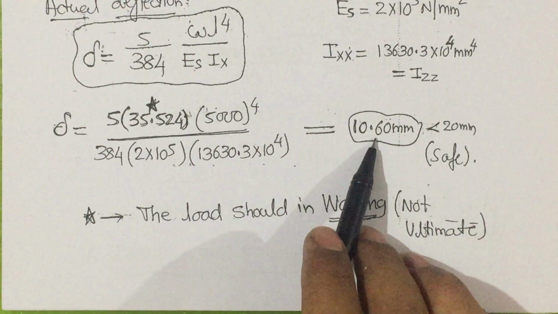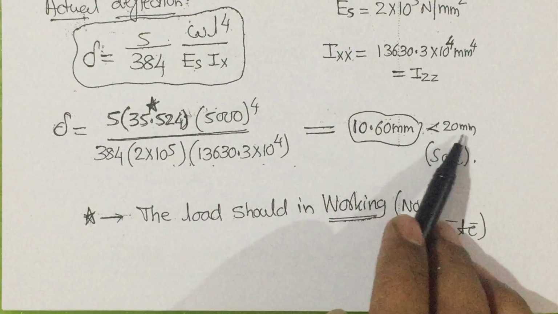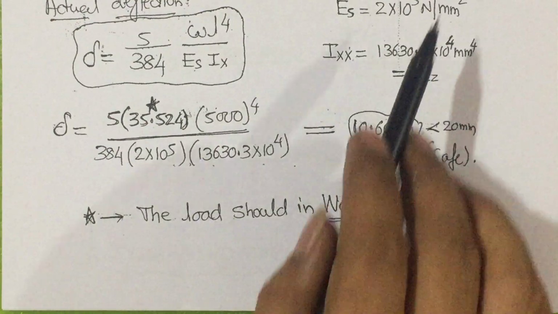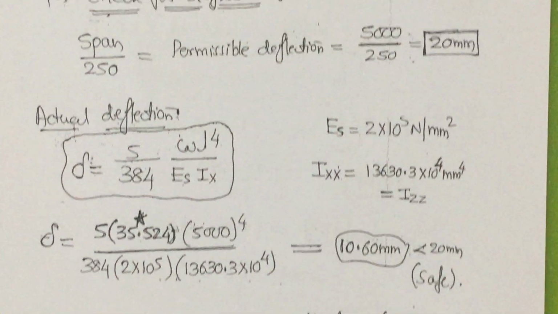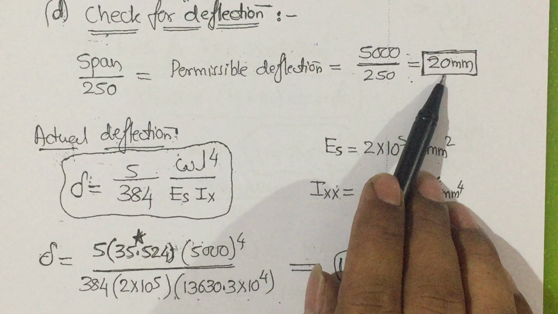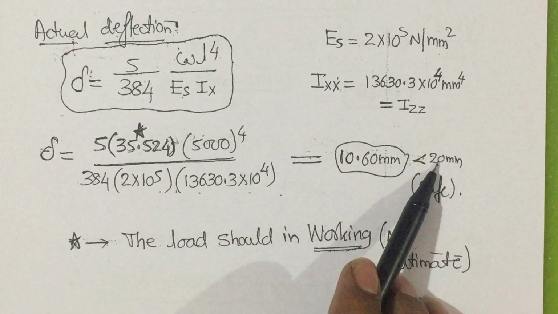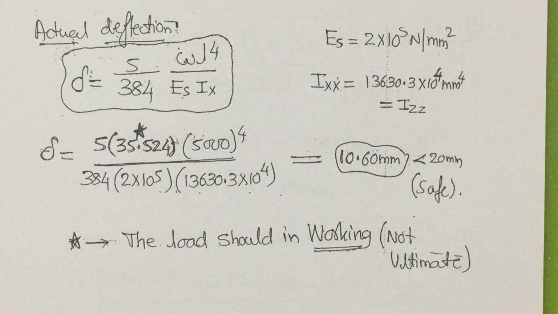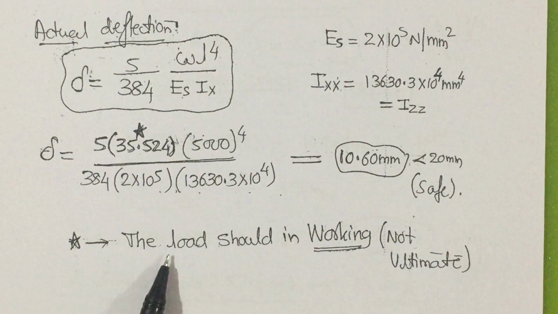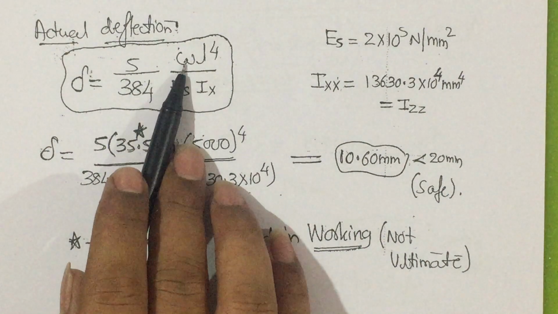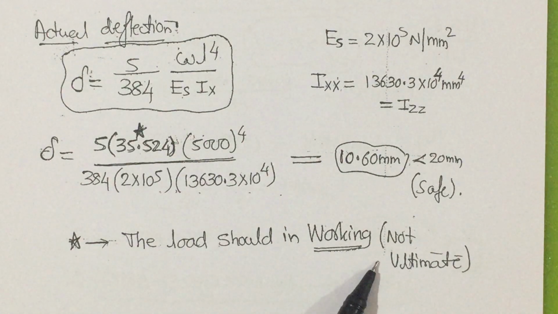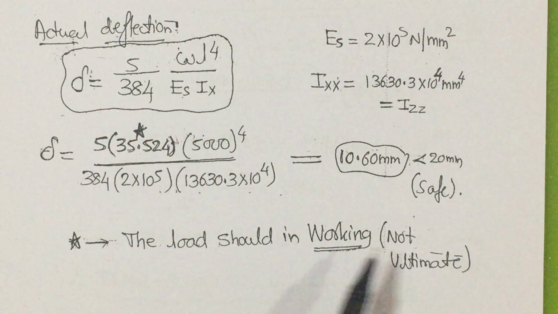Substitute, and you will get 10.6 mm, which is less than 20 mm, the permissible deflection. Since the actual deflection is within the permissible deflection, our design is safe. And please remember, the W value should be the load in working condition, not the ultimate one.